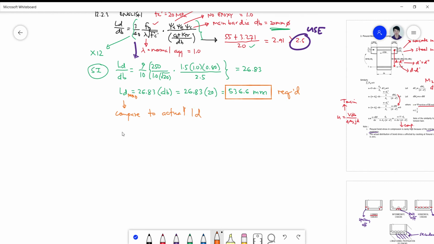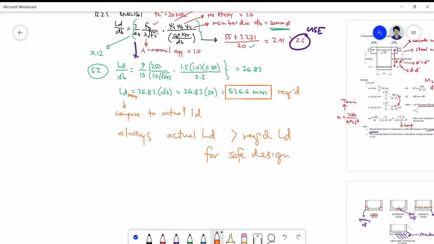So always, your actual must be greater than your required, for safe design.